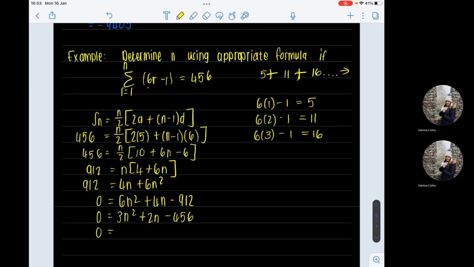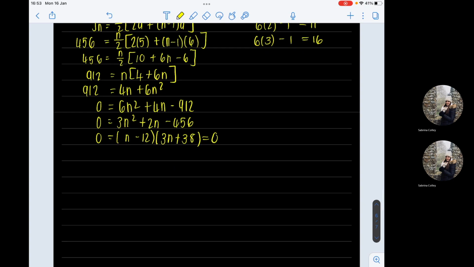If I look at that with my trinomial, this would be n minus 12, 3n plus 38. If you're confused how I did that, then we need to go back to advanced trinomials. So that means my term is equal to 12, or my term is equal to negative 38.